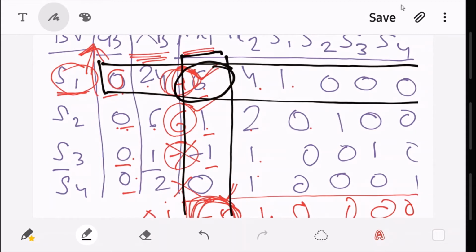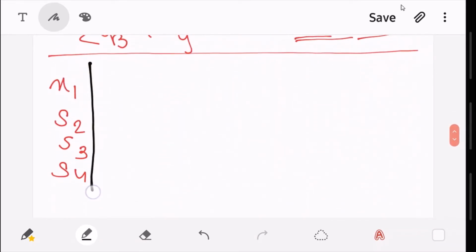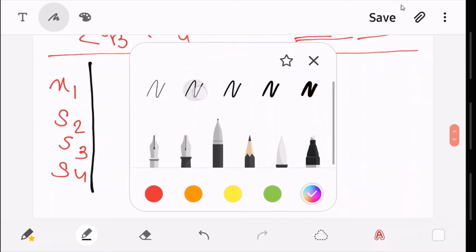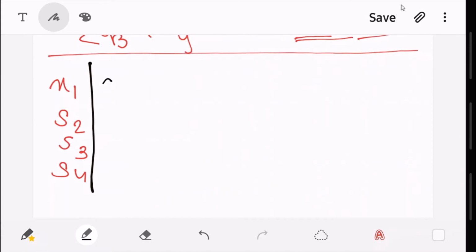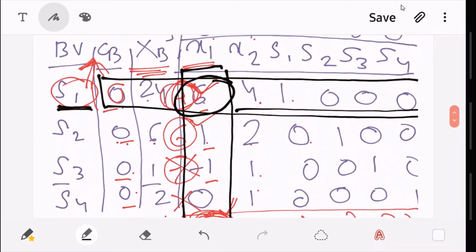Now I need to divide the leaving row by the pivot element. So here it is, this whole row divided by 6. After writing this value, the coefficients in the objective function, the CB values, are these. And then for this row, it is 24, 6, 4, 1, 0, 0, 0 divided by 6.